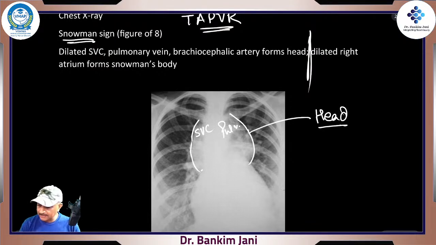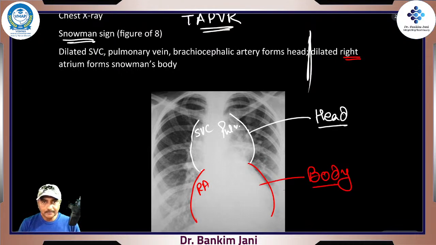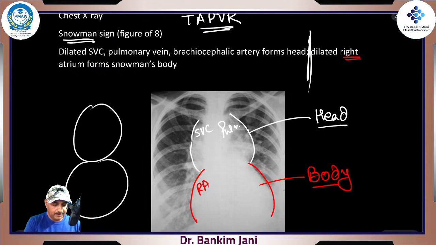And this lower one, that entire bulge is because of the dilated right atrium. The right atrium is dilated, so that's why this forms the body. So this is what is called the figure of 8, right? So this is the figure of 8 sign, or the snowman's sign.